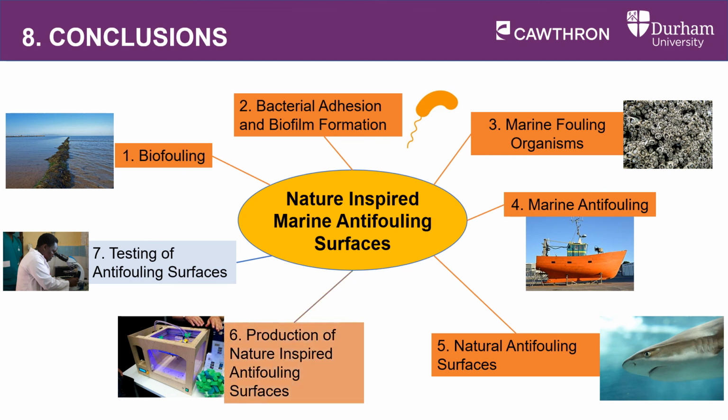A variety of techniques, including 3D printing, laser processing, and lithography-based techniques, can be used to manufacture these biomimetic surfaces. The effectiveness of these surfaces can be tested in both field and laboratory-based experiments, although it is still a major challenge to find anti-fouling surfaces that are both environmentally friendly and effective against all species.